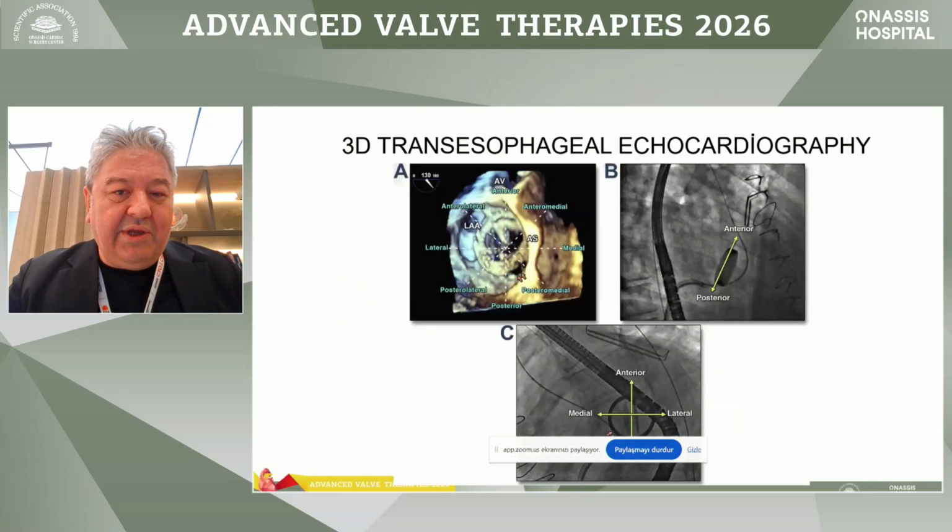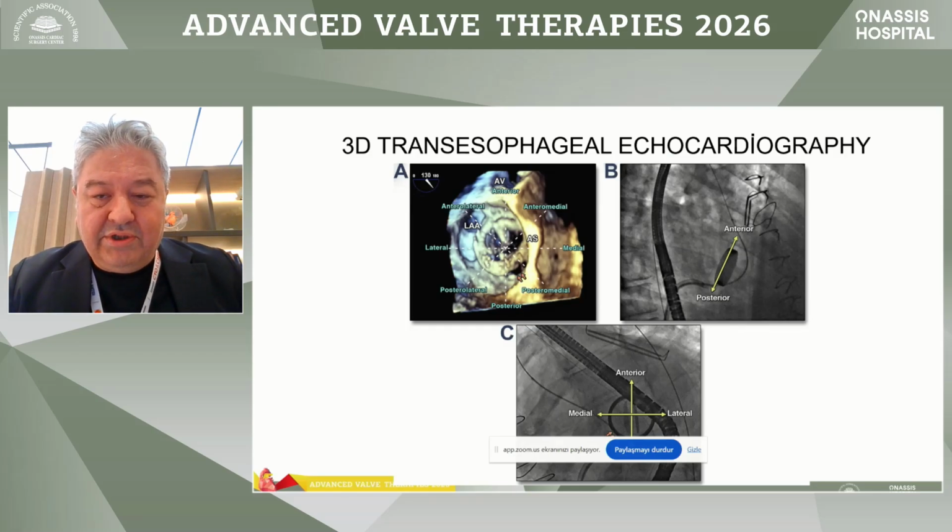So imaging is very, very important, and the 3D transesophageal echocardiography clearly shows the exact places of the leaks according to the clock method, where the left atrial appendage is at 9 o'clock and the septum is at 3 o'clock and the aorta is at 12 o'clock, and you can easily find the anterior, anterolateral, medial, posterior medial leaks with good 3D imaging.